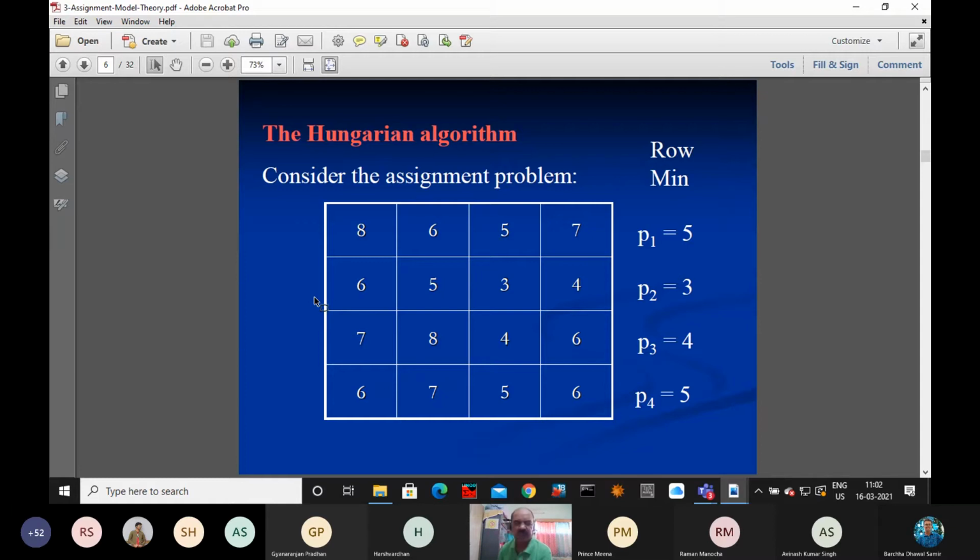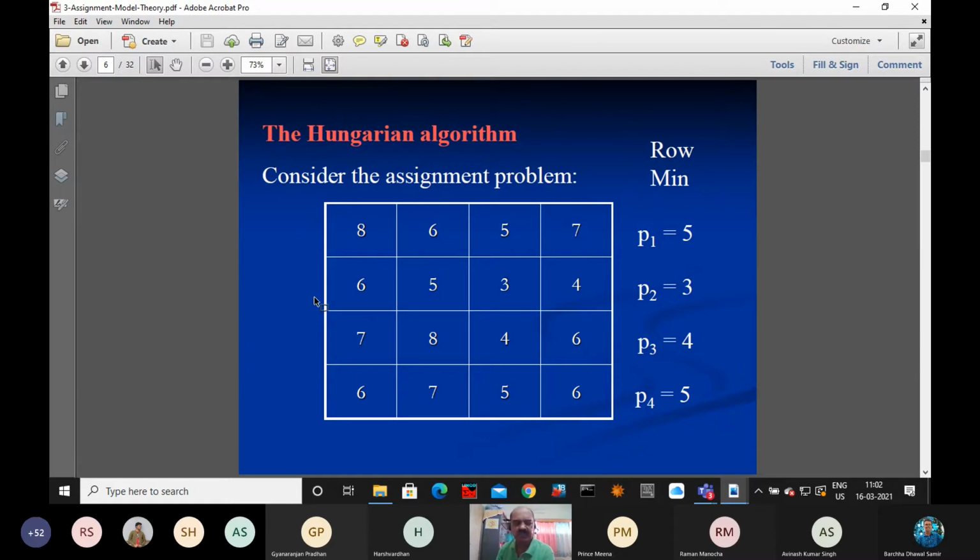Cost matrix. So what is the cost matrix? As I told, you will see the size. There are 4 rows and 4 columns. The rows represent the workers and the columns represent the jobs. Or in the reverse also you can say, if the rows are the jobs and the columns are the workers, that also is fine.